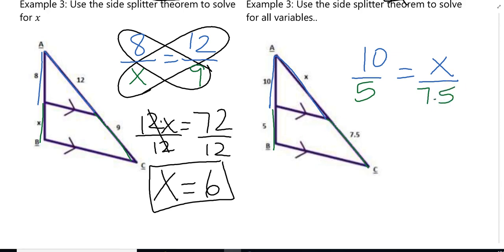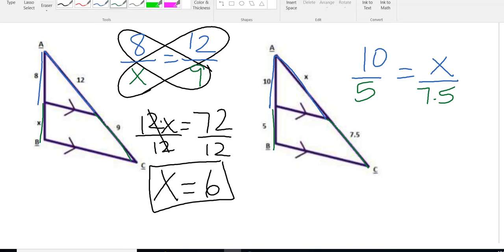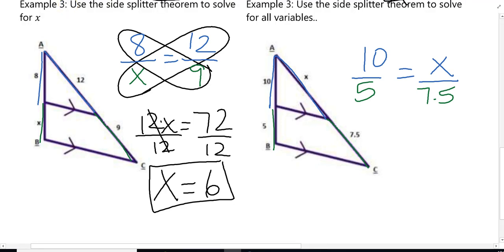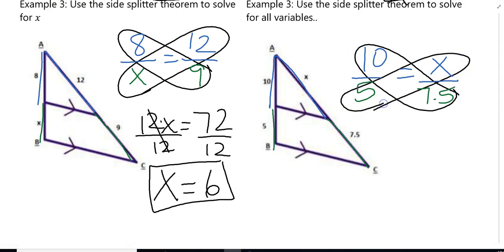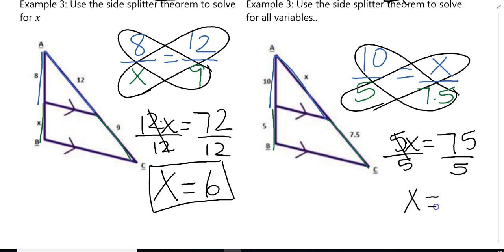And then we are going to cross multiply. 5 times x is 5x, 10 times 7.5 is 75. Solving for x, we do the opposite operation, so we're going to divide by 5 on both sides. And 75 divided by 5 is 15. So that is our missing side there.